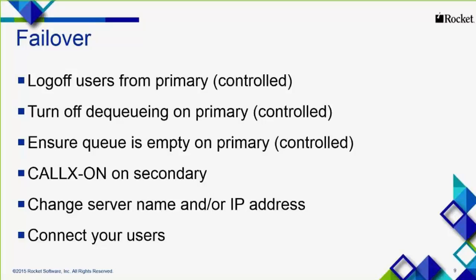You're going to turn callx triggering on the secondary. The reason why I mention this is we recommend you turn callx triggering off on the backup system. Usually the callx triggers that people use within their application are updating supporting files when you make an update.